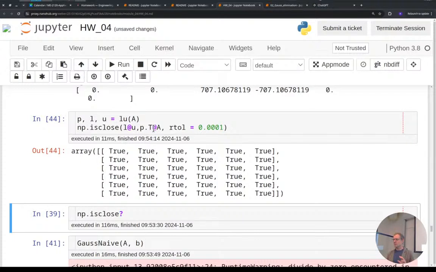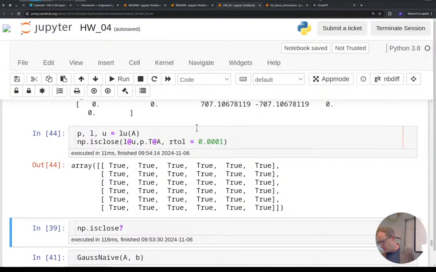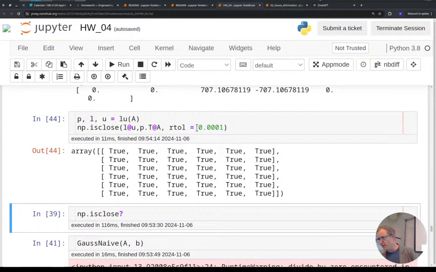Are these roughly the same? Or imperceptibly the same, because within 0.0001 is, I think it's 0.0001%.